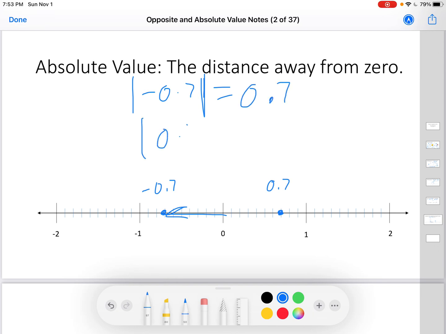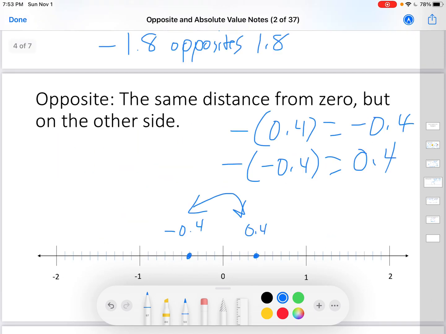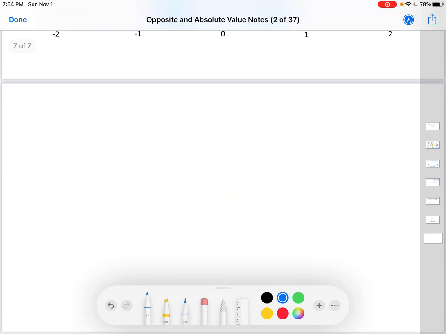What is the absolute value of positive 0.7? Well, how far away from 0 is it? It is also 0.7 away. So both of them are the same distance away from 0, so they have the same absolute value. Absolute value is always positive. Opposites change positive to negative and negative to positive.